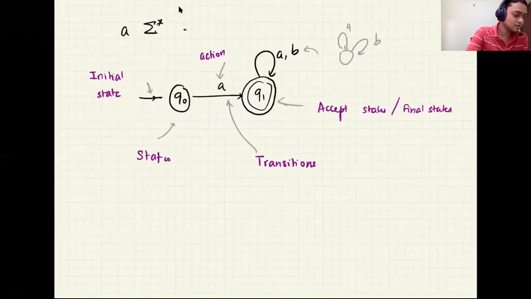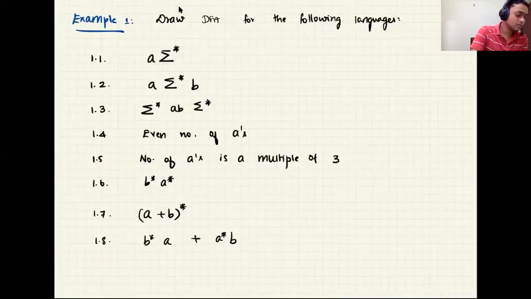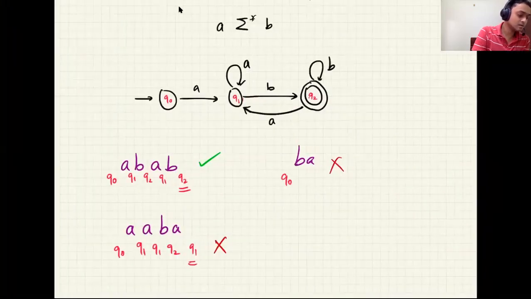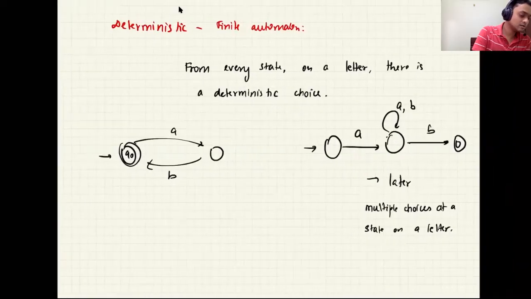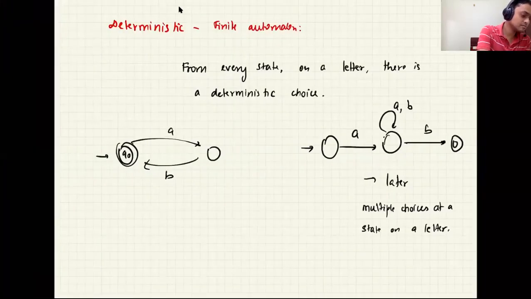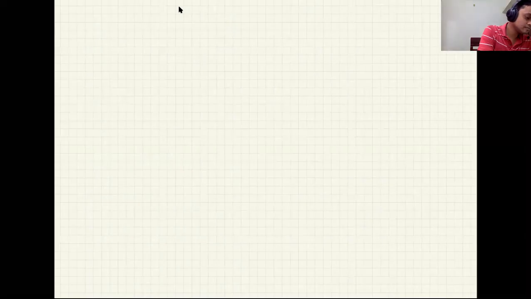Fine. So what about 1.3? Sigma star A B sigma star. So all these are okay. So what do we do?